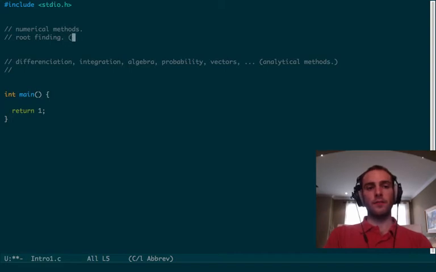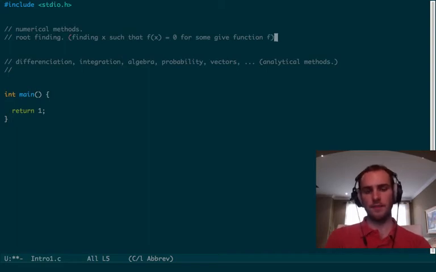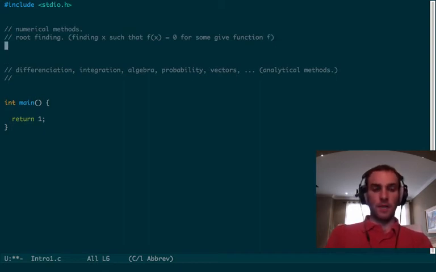Finding x such that f of x is equal to 0 for some given function f. That's the mathematical setting for this problem. And we saw a really basic method for doing this.